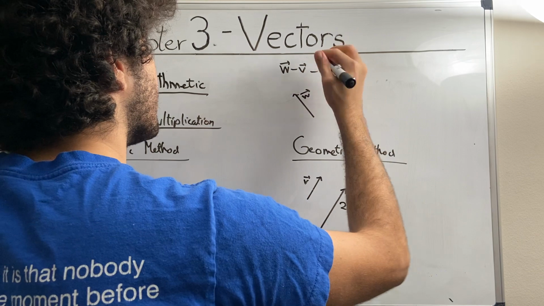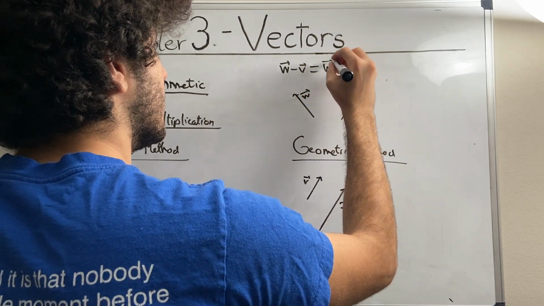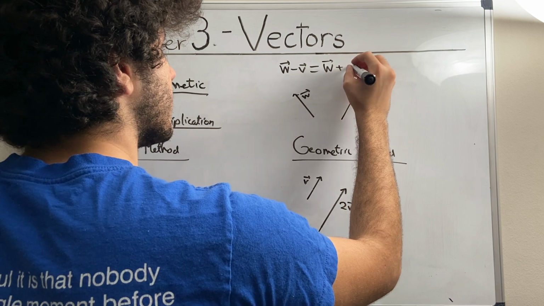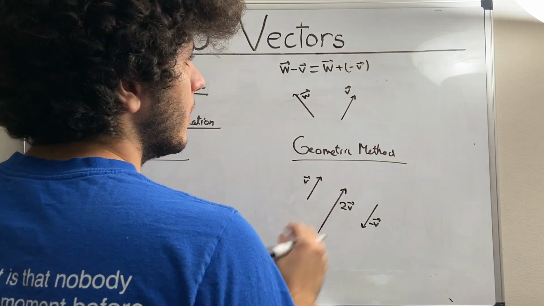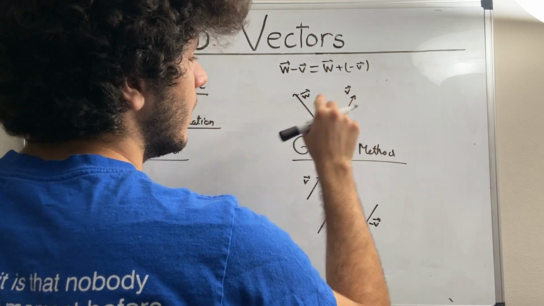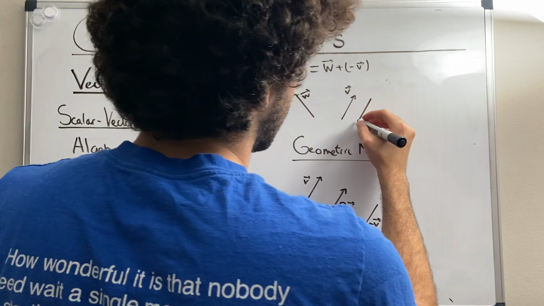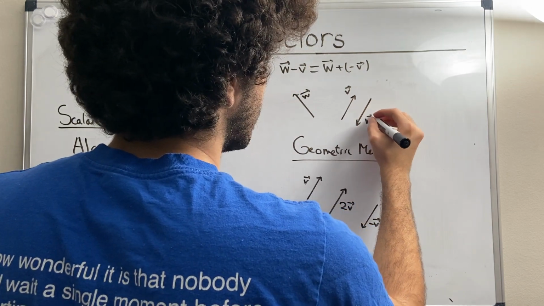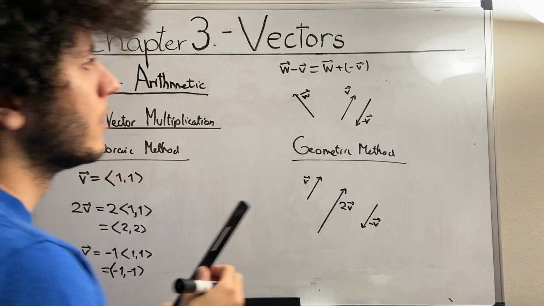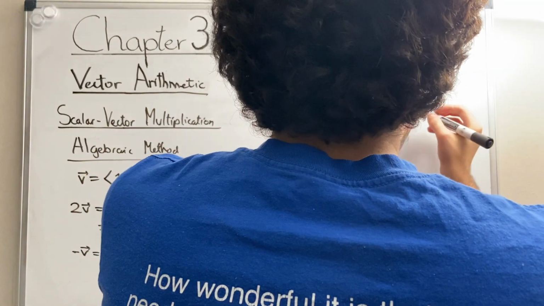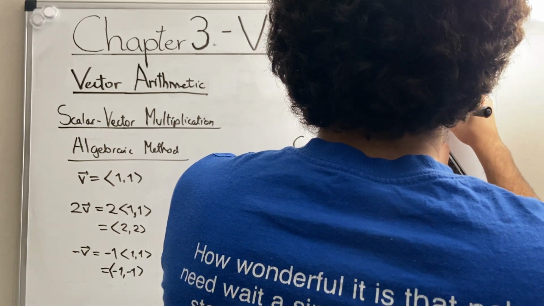This is actually my favorite way of doing vector subtraction. You take W, the vector W, plus negative V, right? So we have W, and then V, if it turns into a negative, would be like this. Same magnitude, only pointing in the opposite direction. So when we add these up, we end up with this.